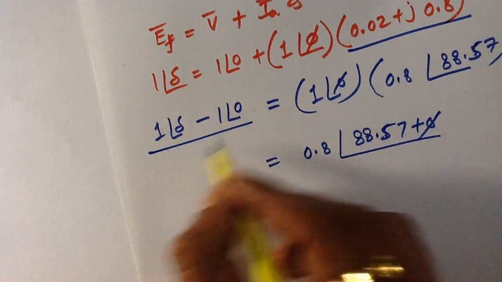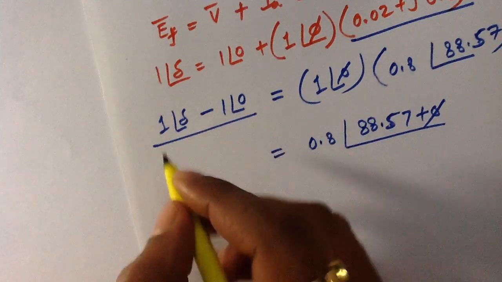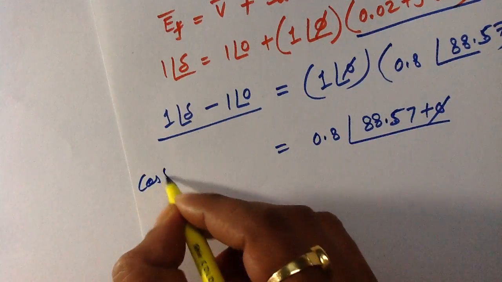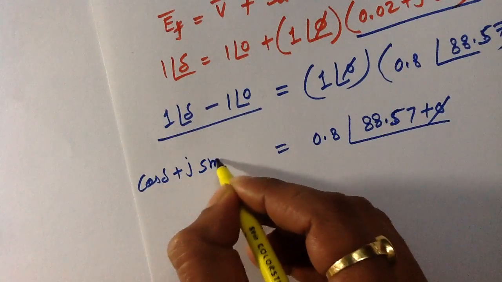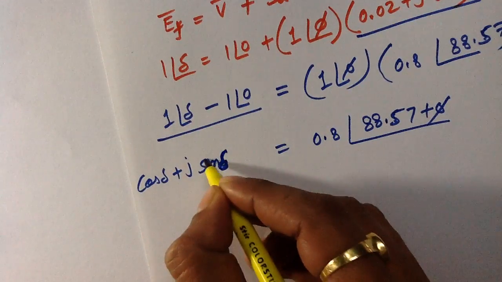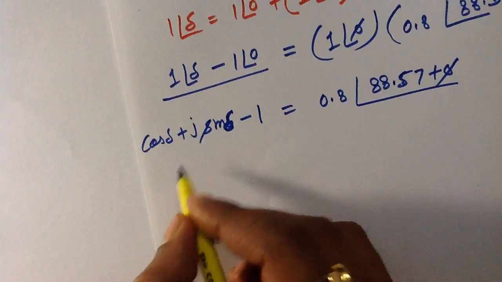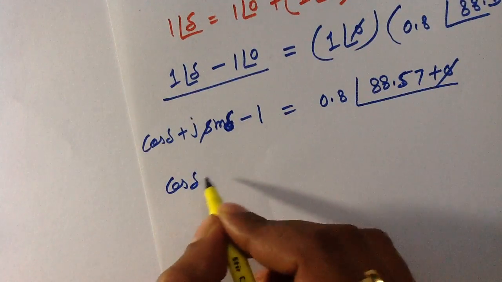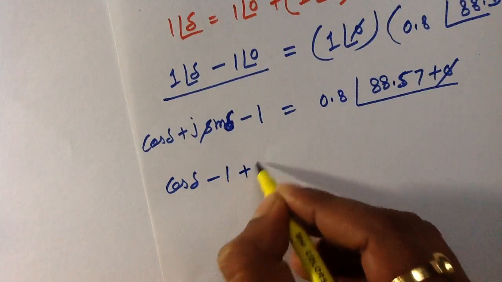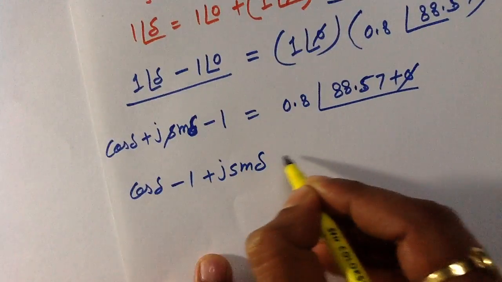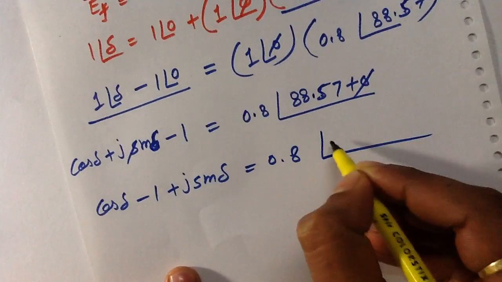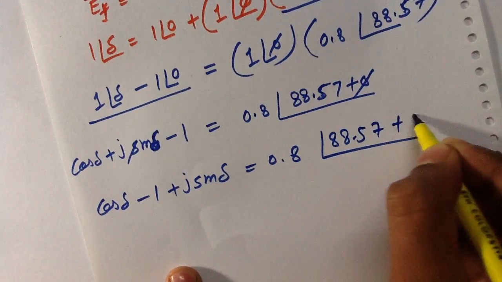You can write 1 angle delta as cos delta plus j sin delta, and 1 angle 0 can be written as 1. So you can write this as cos delta minus 1 plus j sin delta equals 0.8 angle 88.57 plus 5.